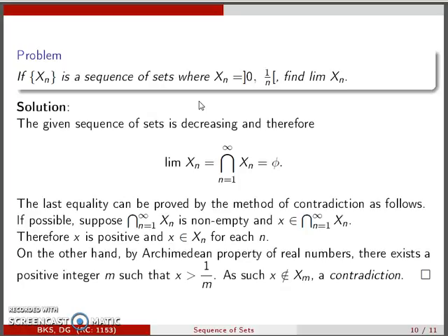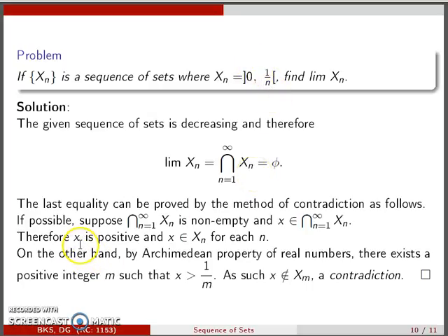So for a decreasing sequence, if the limit exists, it has to be the intersection of xn. So first, try to see that the limit exists. And once the limit exists, you have the intersection of xn. And you can clearly see that they are decreasing in size. So the smallest xn as n goes to infinity would be an empty set.